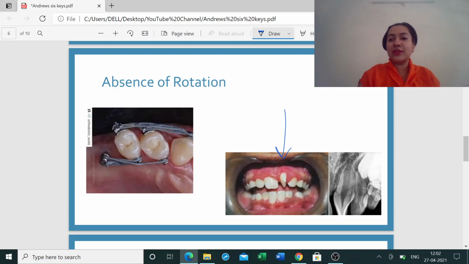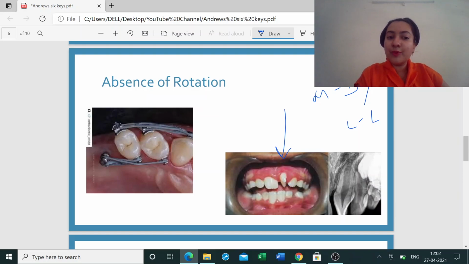Why? This is because the mesio-distal width of upper anterior tooth is more than the labiolingual width, right? So therefore an upper rotated tooth occupies less space in the arch and you need space to correct that rotation, right?